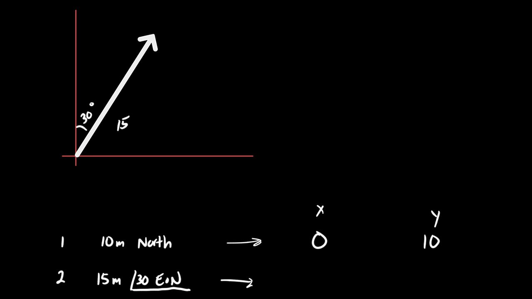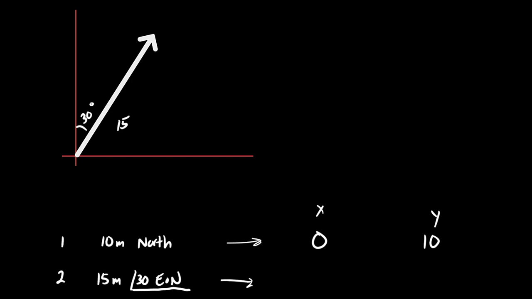I'm drawing 15 meters, 30 degrees east of north. What does that look like to you guys? So the conversion part requires that I use a different set of steps. And this is converting to my component vectors. So that's what I'm doing right now.